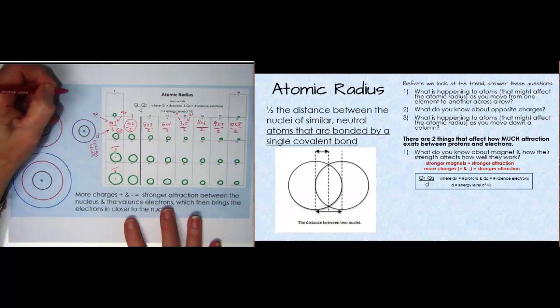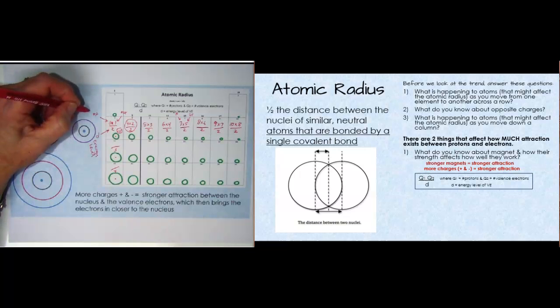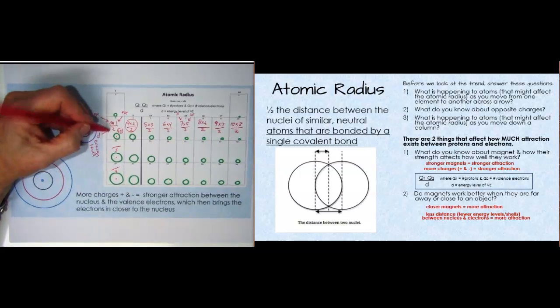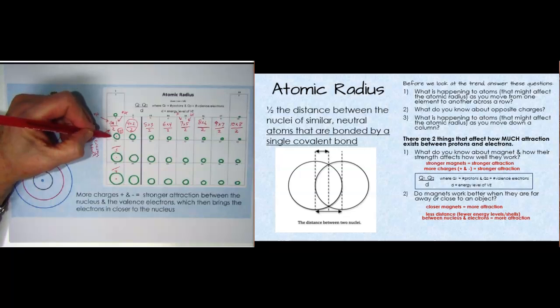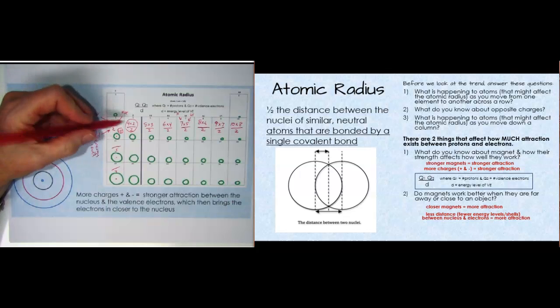The numerator is the number of charges. And the other thing we know about magnets is the closer they are, the more they work. So the attraction is going to be bigger when you're in a lower energy level.